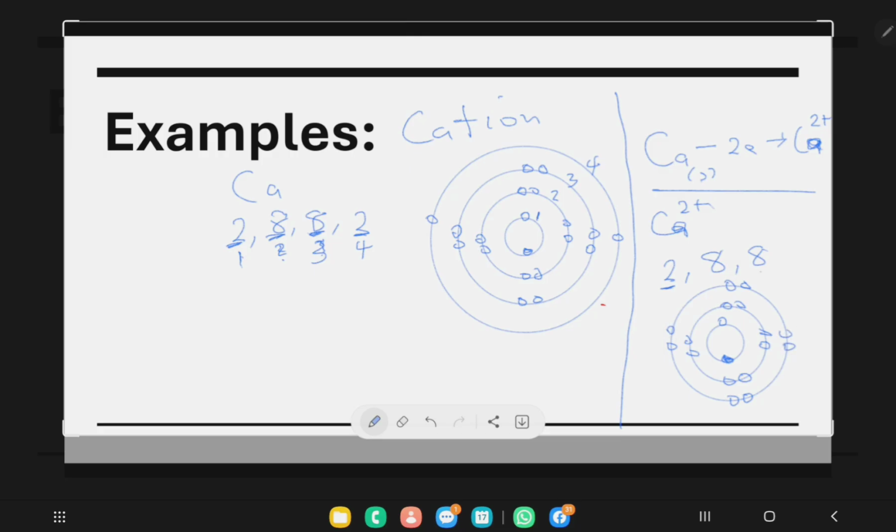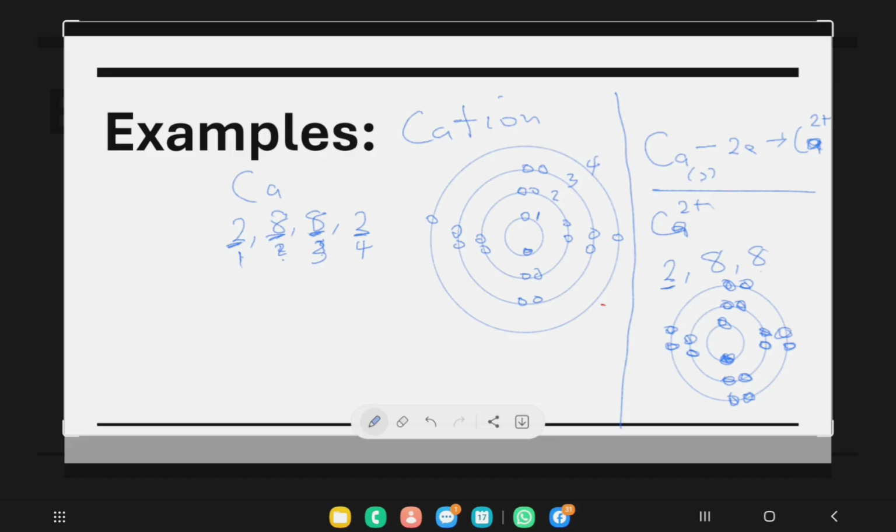So let's count the number of electrons. First shell, 1, 2. Second shell, 1, 2, 3, 4, 5, 6, 7, 8. Third shell, 1, 2, 3, 4, 5, 6, 7, 8. Now, total 2 plus 8, 10, plus 8, 18. Now, which noble gas is next to calcium? Calcium is element number 20.